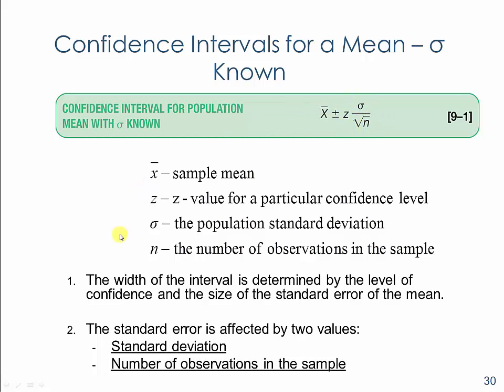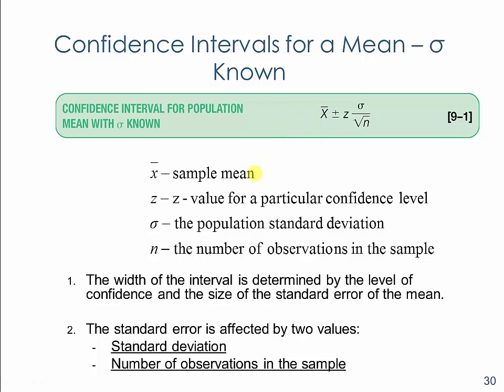The formula is the point estimate, x bar, plus and minus the z-score times the standard error, sigma over the square root of n. Okay, so we have the formula there, and we're going to plug in values to that. But the important thing to remember here is that the mean is the point estimate, and then we add and subtract our margin of error, and that's how we create our confidence interval.